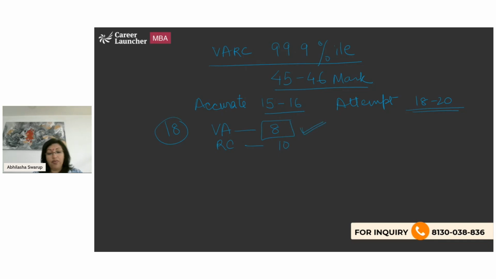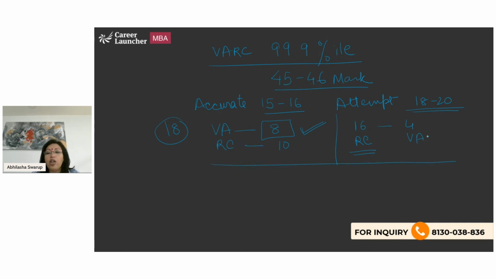The other option would be that you do all RCs, which is 16 questions, and then do another 4 VA questions. Okay, that could be the other way around. But since doing 16 RC questions means reading 4 large passages, it is going to be more difficult than doing 3 RCs and getting like 10 questions right or whatever. Anyway, so that's your thought.